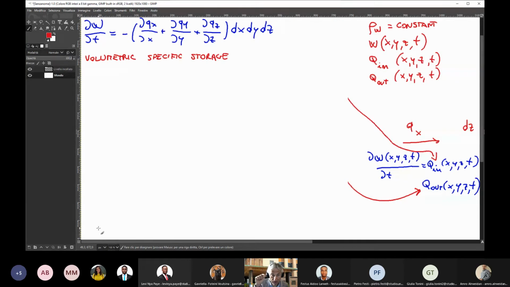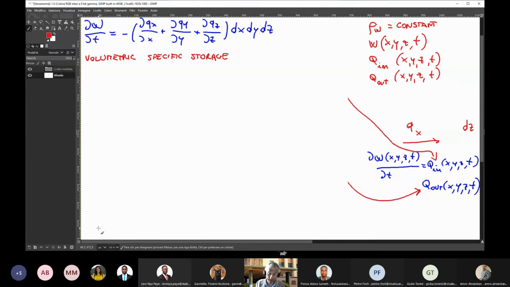But now I'm giving you the explanation of why they need to be very small: because the aquifer is heterogeneous. In the catchment, we assumed the catchment was a whole unique unit. In the aquifer, we cannot do that, because it's too heterogeneous.